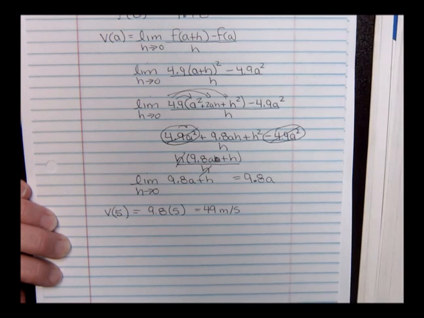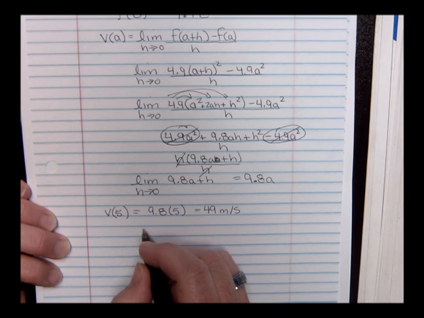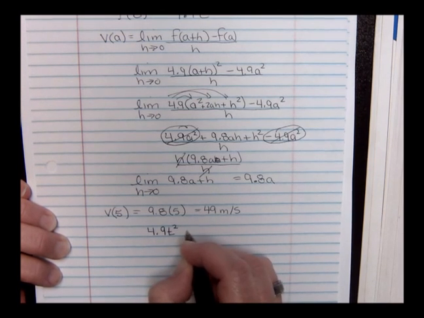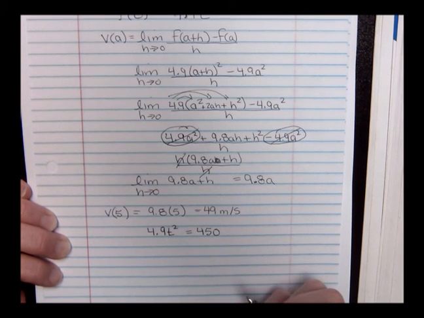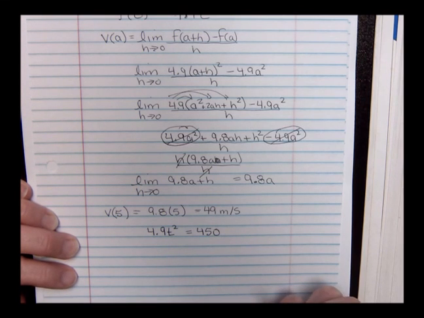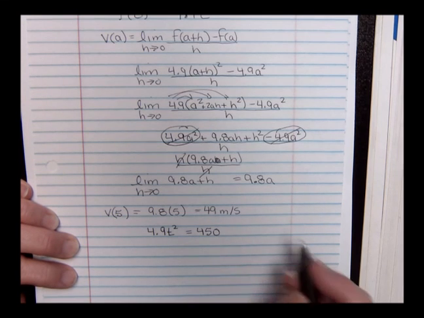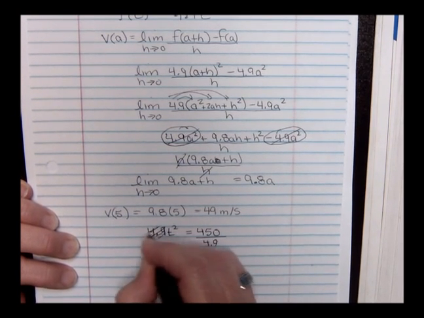In other words, when does this function, which represents my distance, equal 450? Because when it does, it hit the ground. So when I solve for that, I'm going to take a look at dividing by 4.9, and taking the square root.